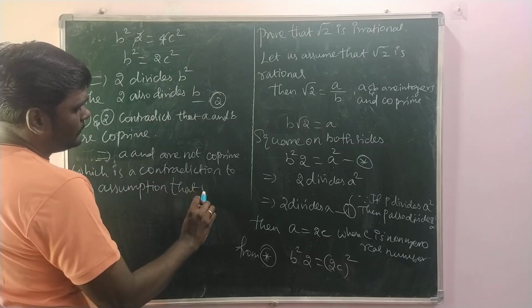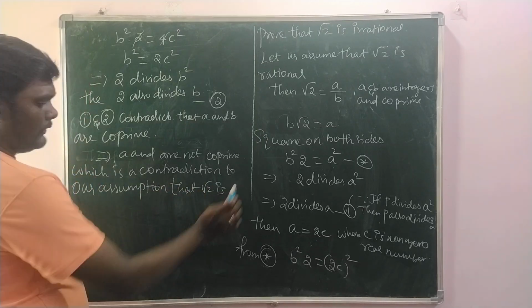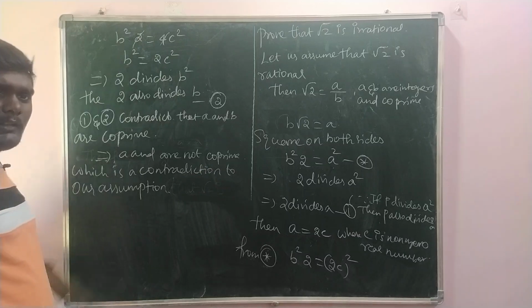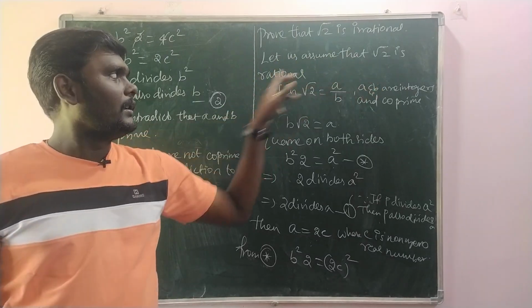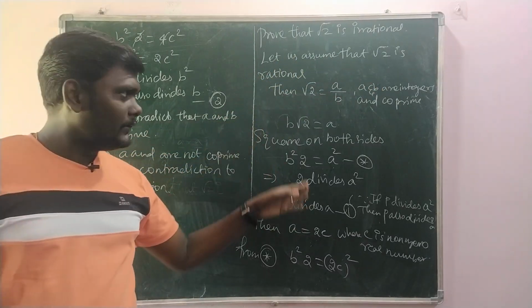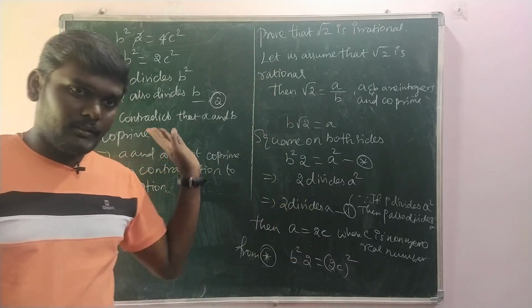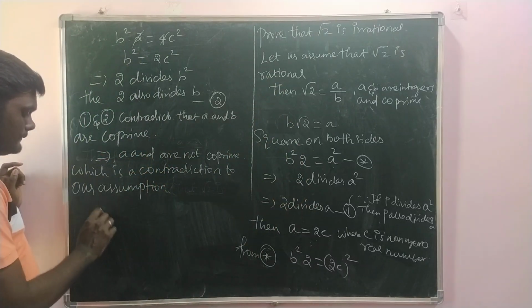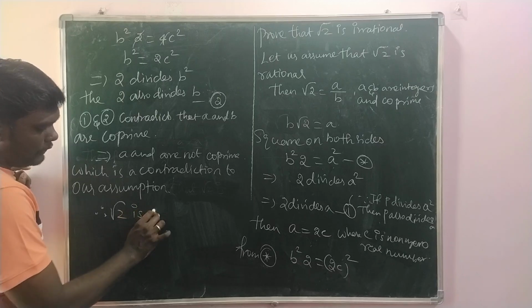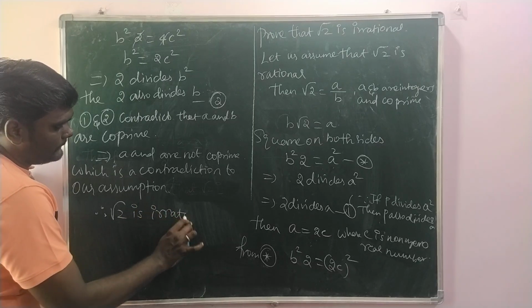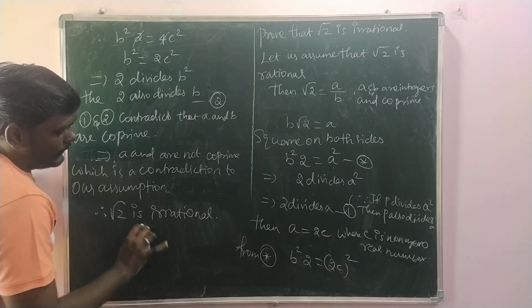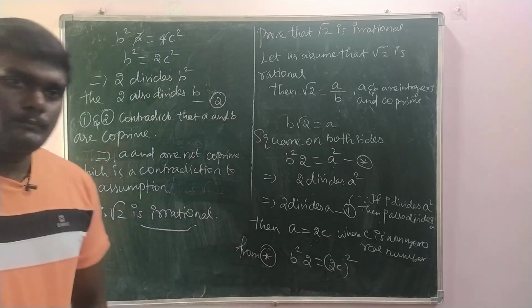What is our assumption? We assumed that root 2 is rational. That is why we got this contradiction. So therefore, root 2 is irrational. That is it. There comes the proof.